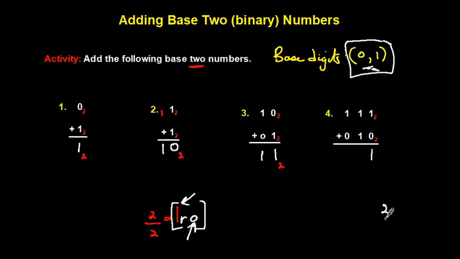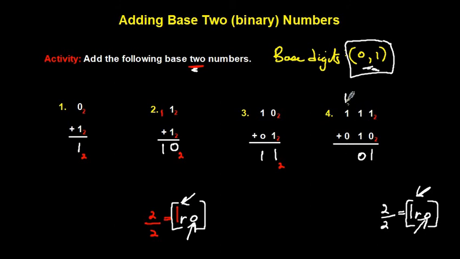We divide this by 2 because we are in the base 2 number system. This will be equal to 2 divided by 2, 1, remainder 0, right? So that 1 and that 0, those are digits in the base 2 system. So for that part, we're going to put down the remainder right here and carry the 1 up here.